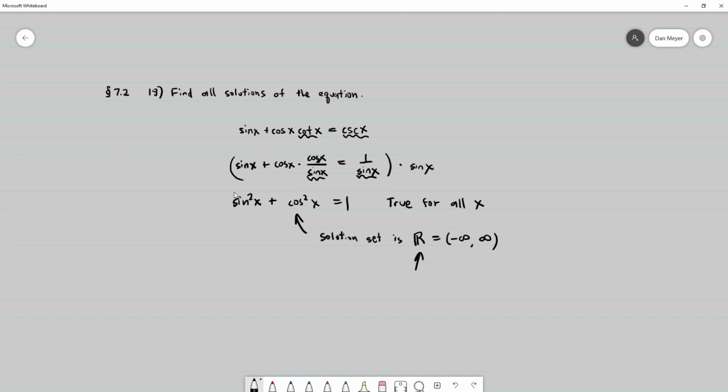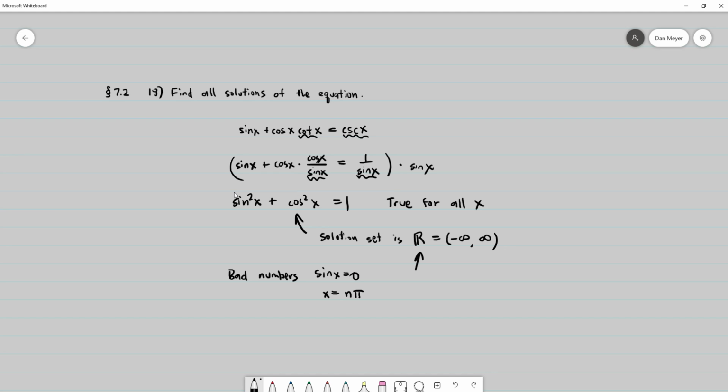So the bad numbers would be solutions to sine of x is equal to 0. That would be x is equal to some multiple of pi: 0, pi, 2 pi, 3 pi. That's where sine of x is 0. And we want to throw these away.